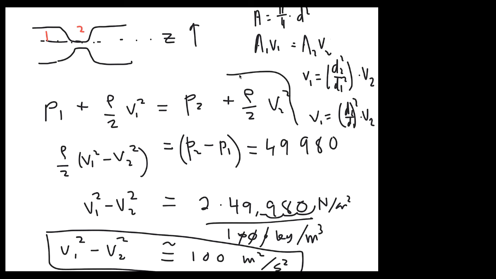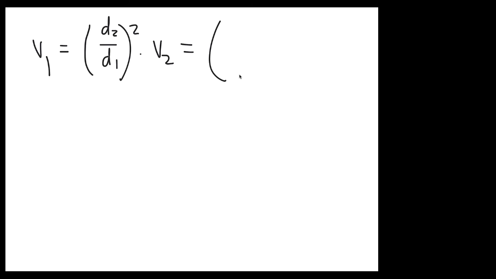You can see I'm getting a little bit messy here. Let me go to the next slide. So v1 is d2 over d1 squared times v2. And we know that d2 is 15 millimeters, d1 is 45 millimeters.